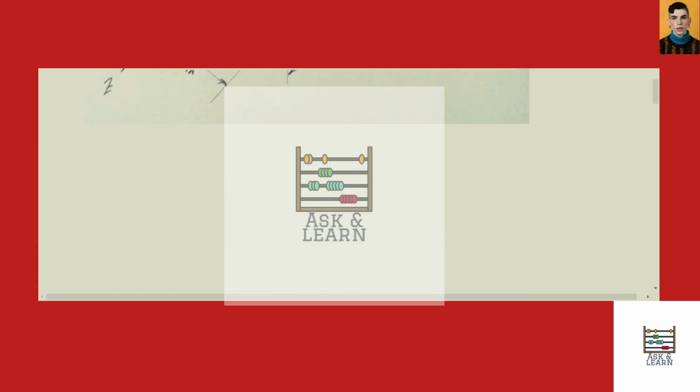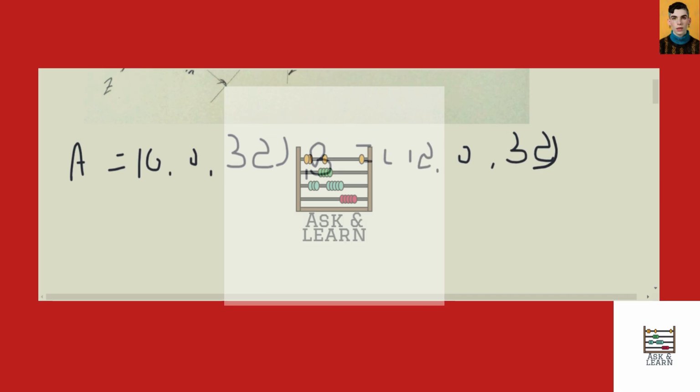The coordinates of the points are: A is equal to 0, 0, 32. B is equal to 12, 0, 32. C is equal to 12, 0, 24. D is equal to 12, 0, 16.